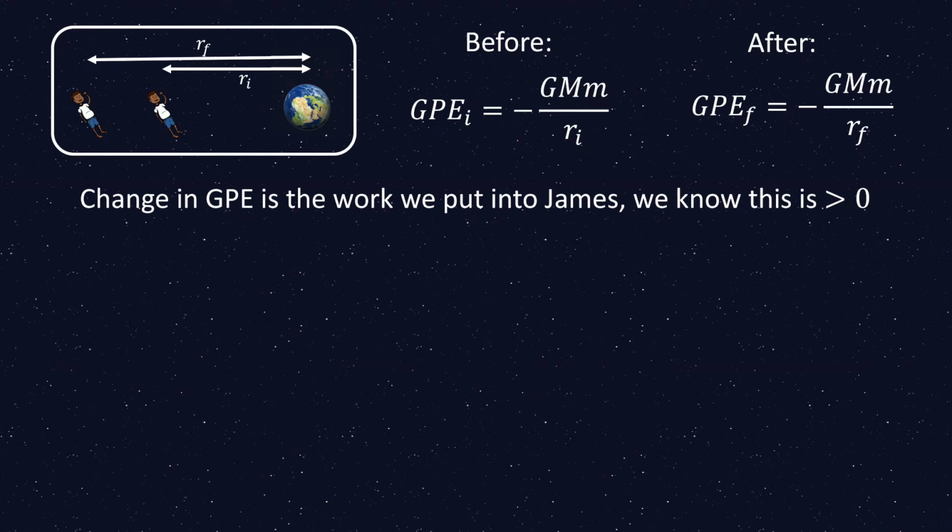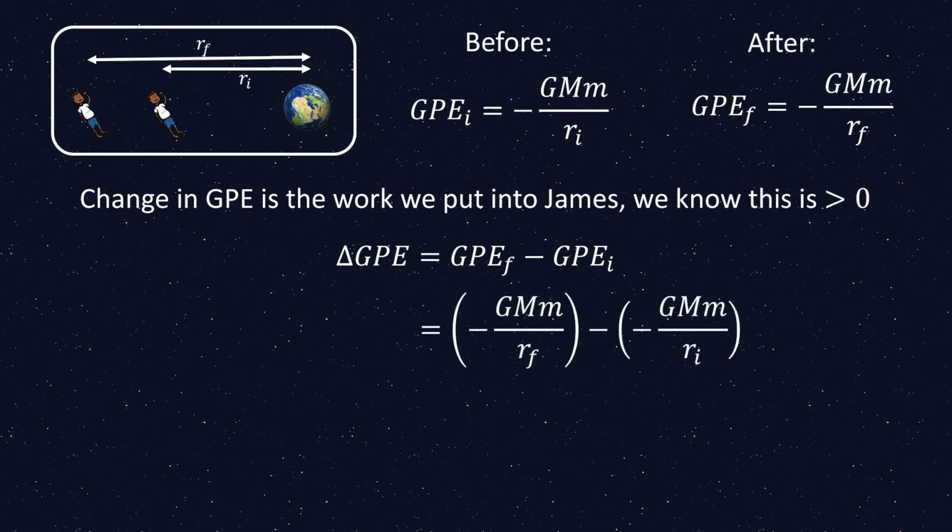We know that this change in gravitational potential energy that James experiences is the work that we put into James. And this will have to be greater than 0 because it takes effort to move James further away from the Earth. We are working against the force of gravity. So, delta GPE is equal to GPE final minus GPE initial, which, plugging in the values that we have, gives GMm times the bracket 1 over Ri minus 1 over Rf.